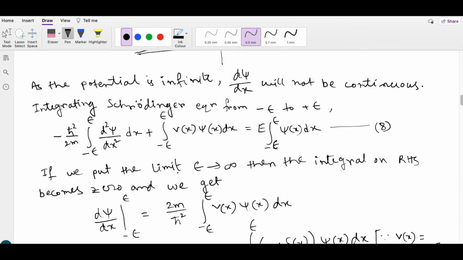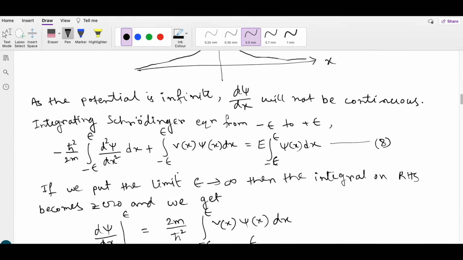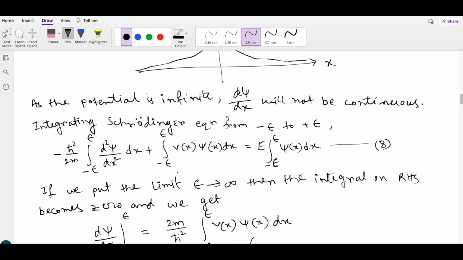As the potential is infinite, dψ/dx will not be continuous. We know that if the potential is finite, dψ/dx is always continuous, but that is not true for infinite potential. In that case, we have to integrate the Schrödinger equation from -ε to ε, including the origin, that is just before the origin and just after the origin, and take the limit ε tends to 0.